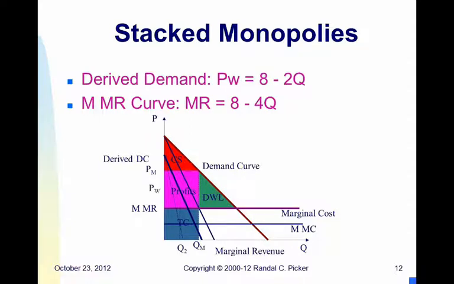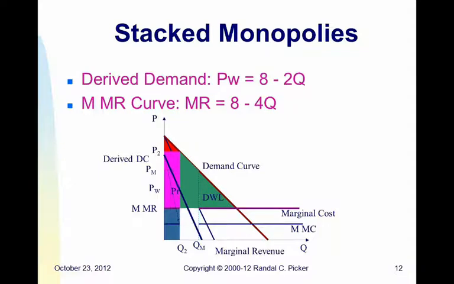But as we can see, the quantity that we sell has dropped dramatically. It's gone from the quantity that we would have seen in the integrated monopoly to the lower quantity we see in the vertically disintegrated situation where we have the two levels of monopoly. We've lost output. And the net effect of that is that deadweight loss expands.